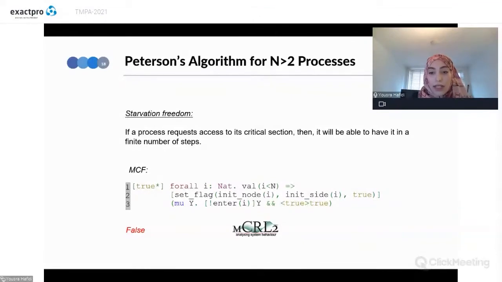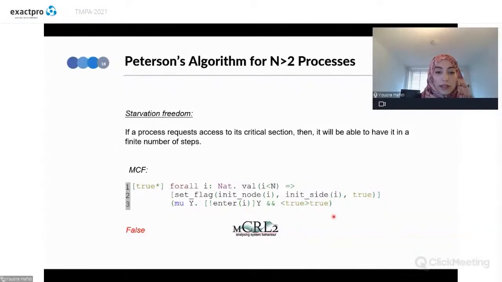The formula says that if a process requests access to the critical section, it is allowed to enter within a finite number of steps. The least fixed point in the formula ensures that after requesting the critical section, actions other than enter can only be taken a finite number of times before enter is taken.